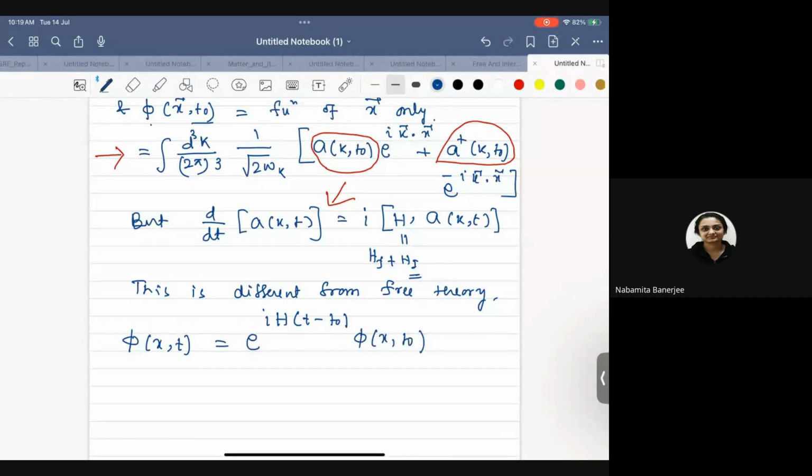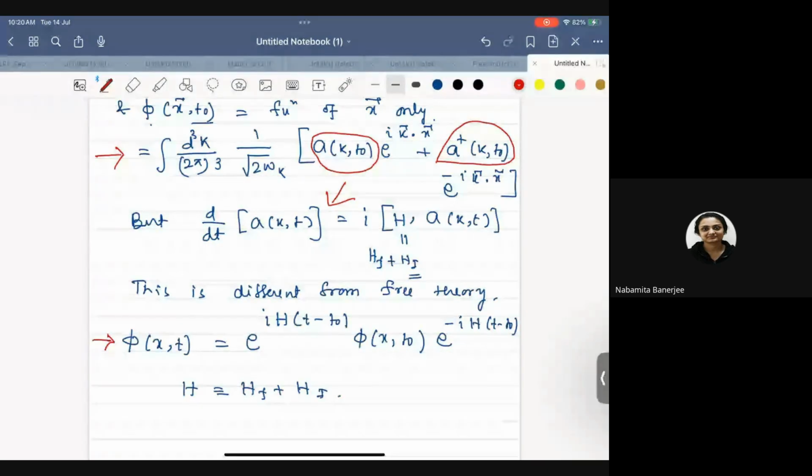Earlier in the class, I was doing it for t naught equal to 0. Now I have just kept it. So this is the second subtle point: your H is both H free plus H interaction. Again, this expression is very easy to write, but finding the right hand side is not that easy, because what I have is not just the free H, but the full H. Okay, so this is our second point.